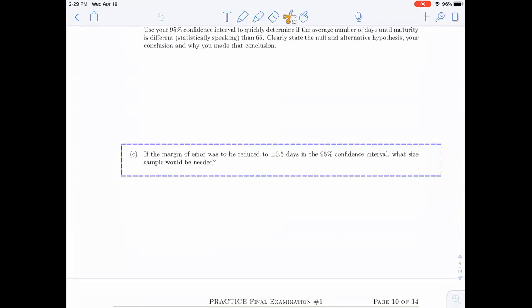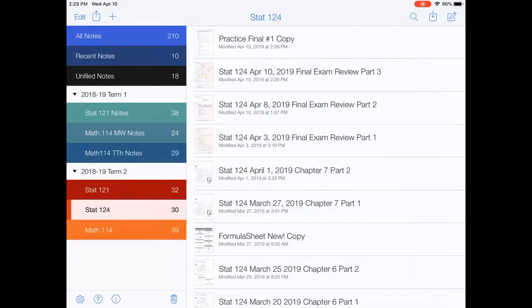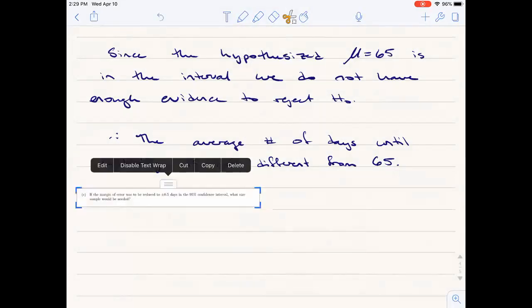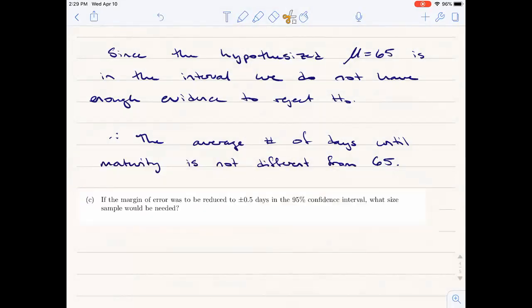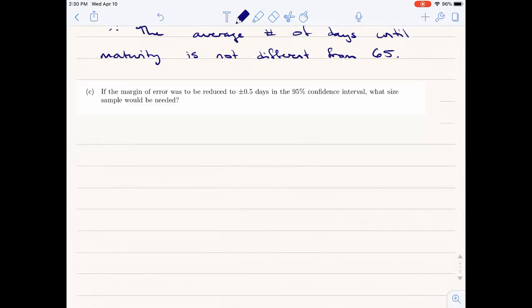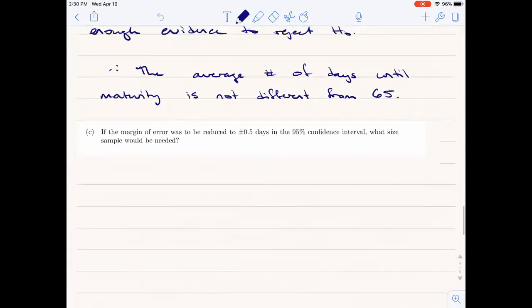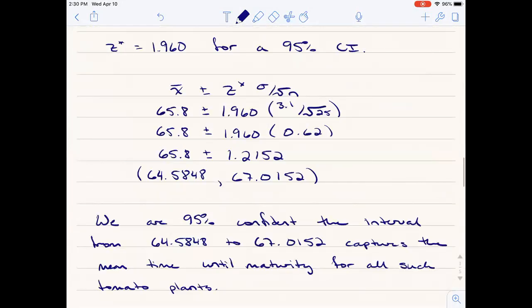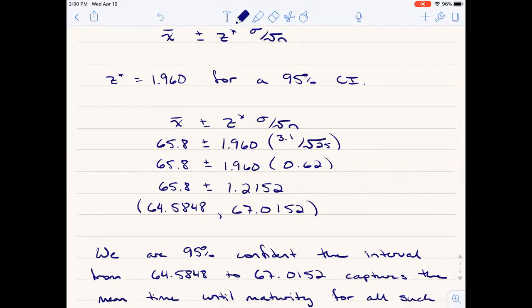Let's do the sample size calculation. If the margin of error was to be reduced to 0.5 in the 95% confidence interval, what size sample would be needed? And so what we know from earlier, right, is when our sample size was 25, our margin of error was 1.2152, right? Now we want to bring that margin of error down, way down to 0.5.